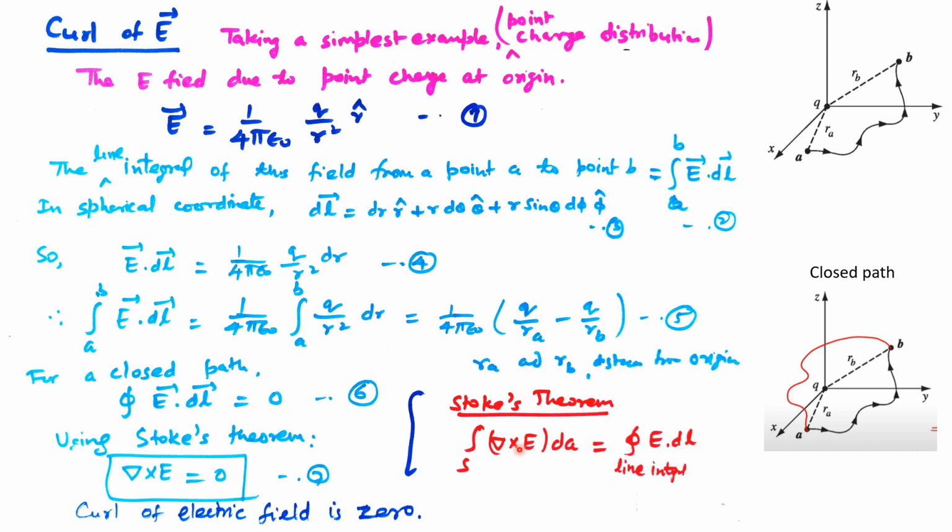So this shows that curl of the electric field is 0, and that's why the electric field is irrotational. And in some cases you have to find whether some vector is a valid electric field or not, then you will have to test that del cross E should be 0 for that vector, then it will be a valid electric field.